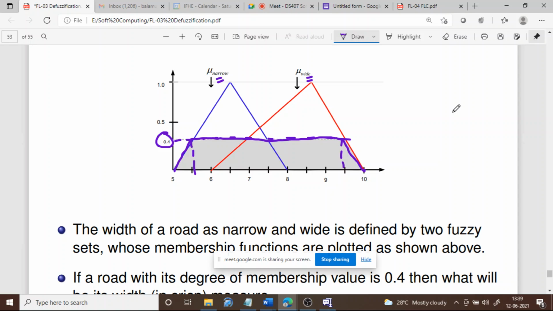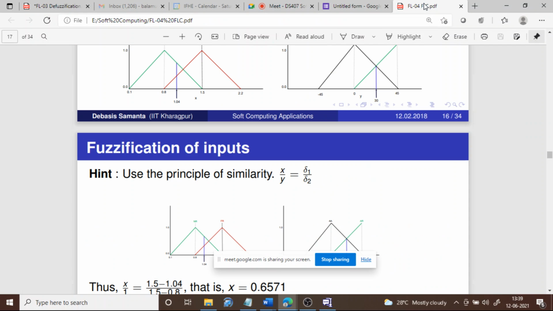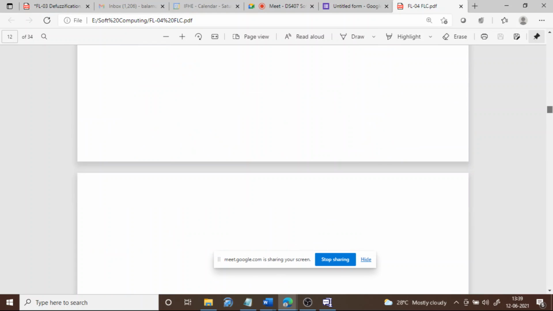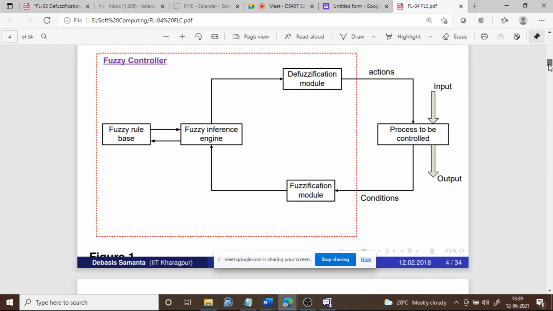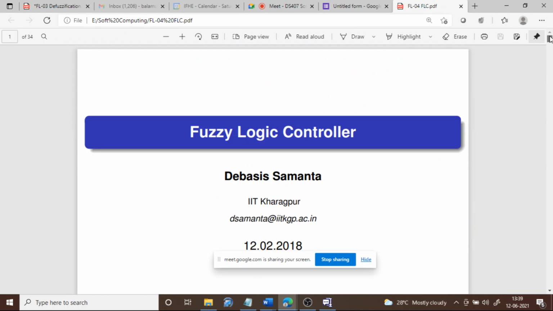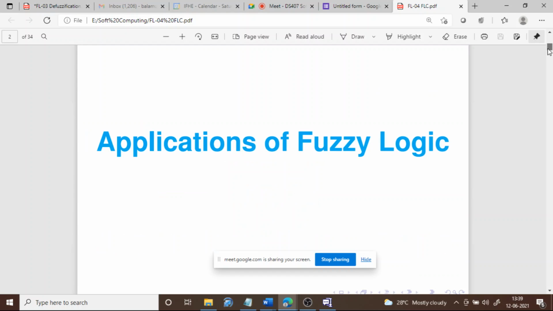Okay, so then let us move on to the next topic. Whatever we have discussed so far, these are the building blocks of fuzzy logic. In the initial lectures we discussed a diagram corresponding to fuzzy logic, if you recollect.